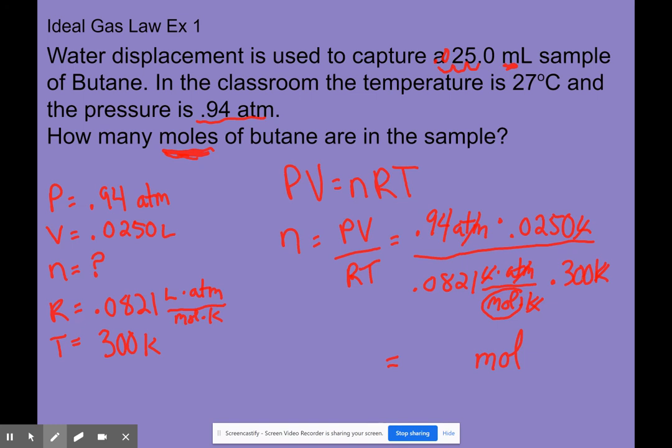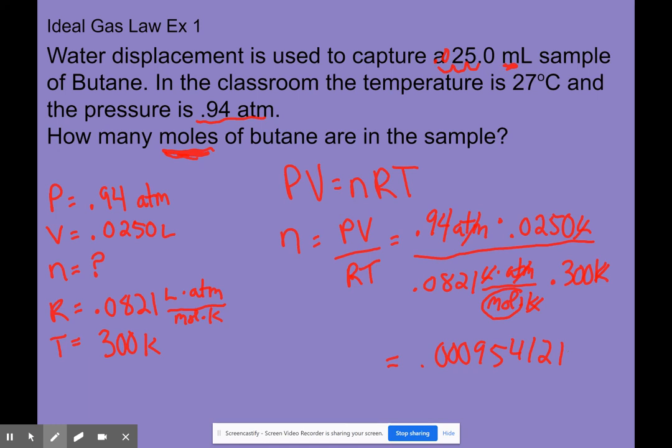And I came up with a very, very tiny number. So I came up with 0.00095421.